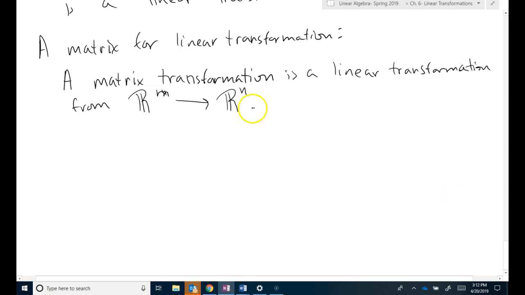Okay, the matrix of the transformation is m by n.